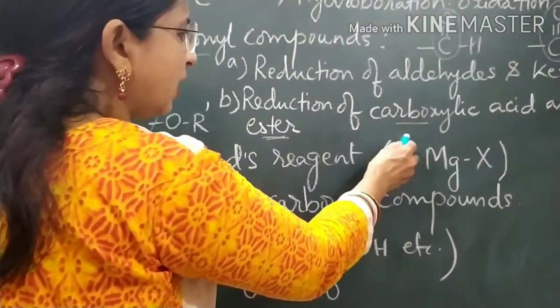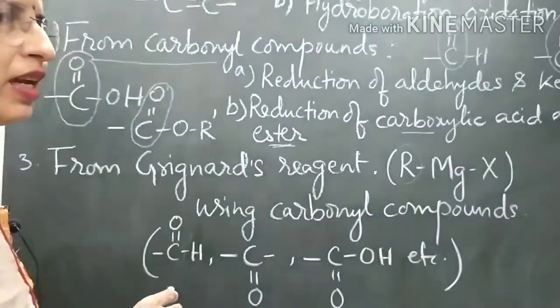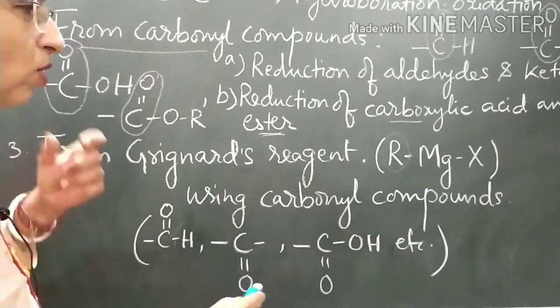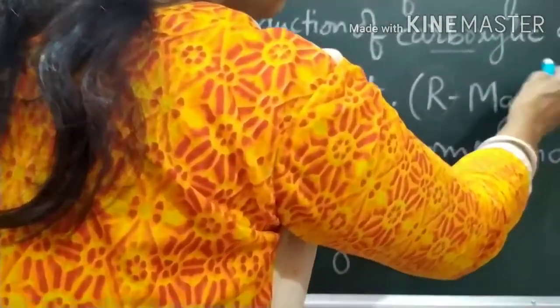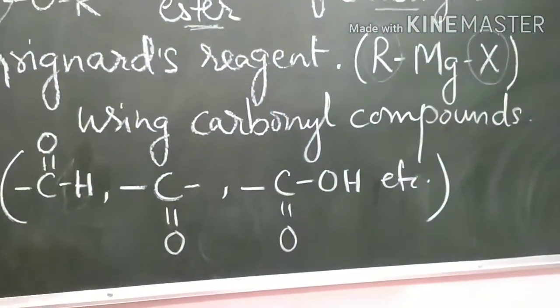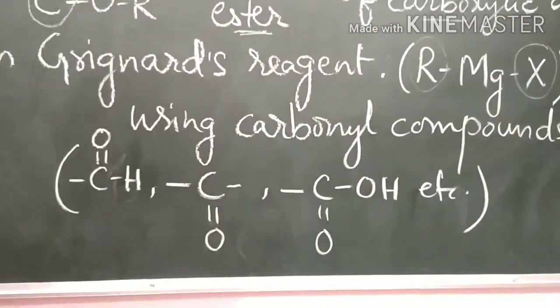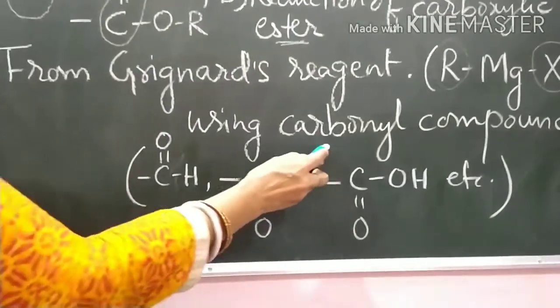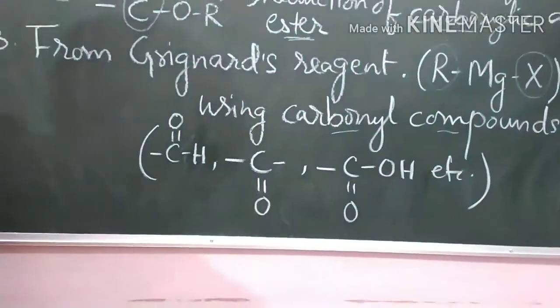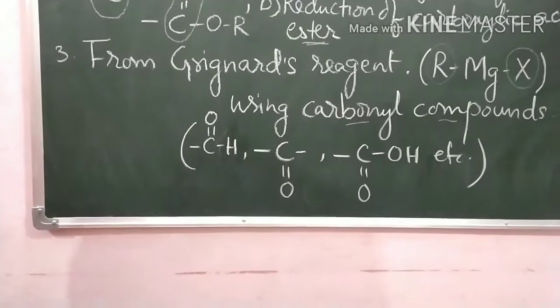R can be any alkyl group, CH3, C2H5, any alkyl group, and X is any halogen atom, halide: chloride, bromide, iodide, all this type of group. So Grignard's reagent when reacted with a carbonyl compound gives rise to the respective alcohol.